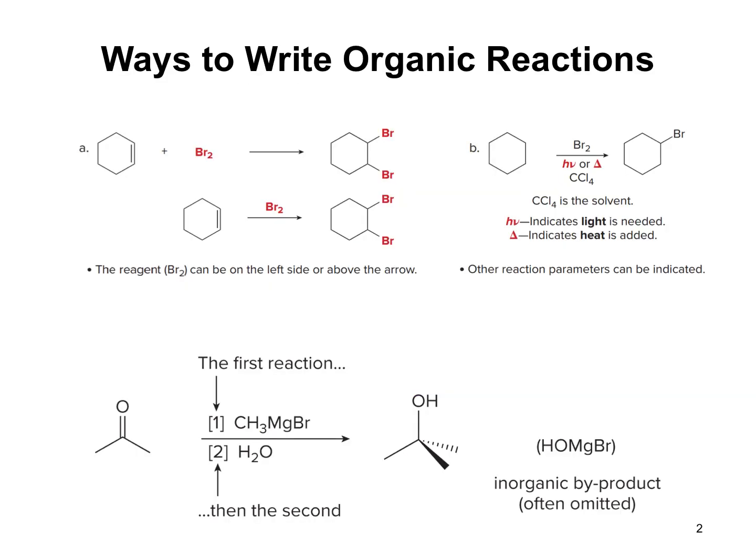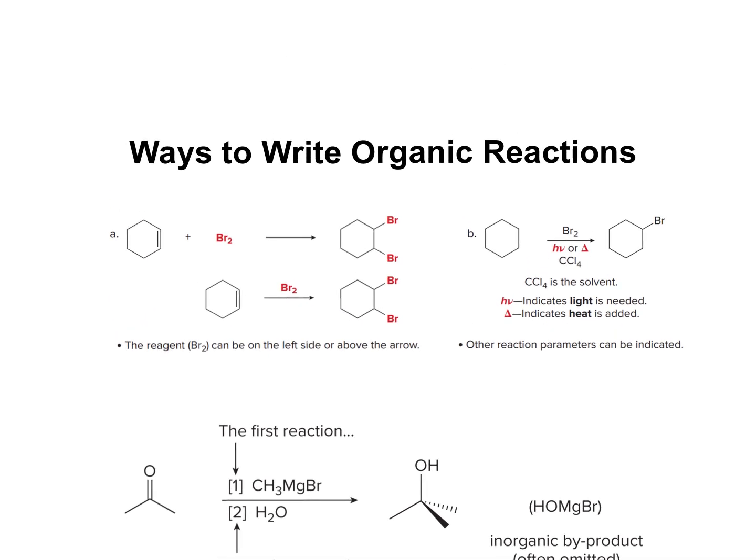Now, when we talk about organic reactions, virtually all organic chemical reactions are woven together by a few basic themes. The pattern you're really looking for is that you need to identify things that are electron rich, and then you need to identify things that are electron poor.